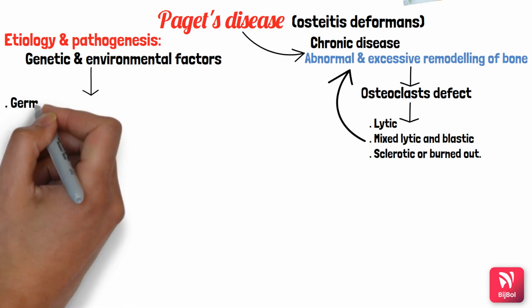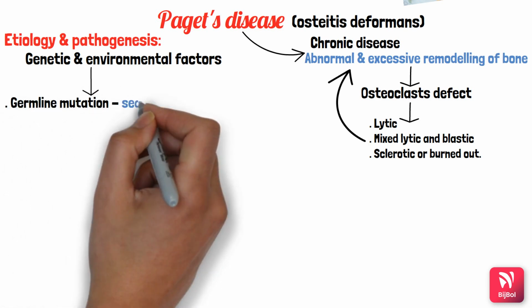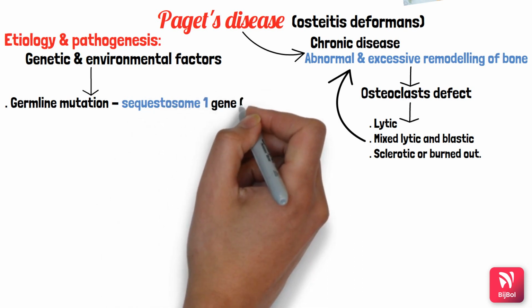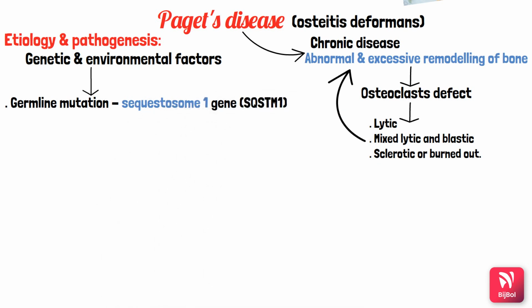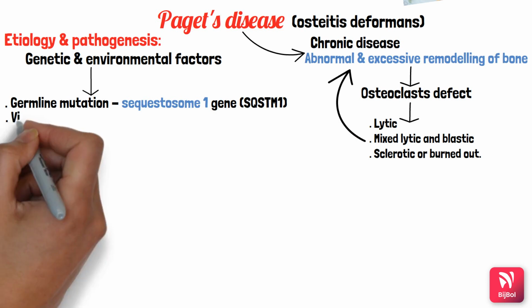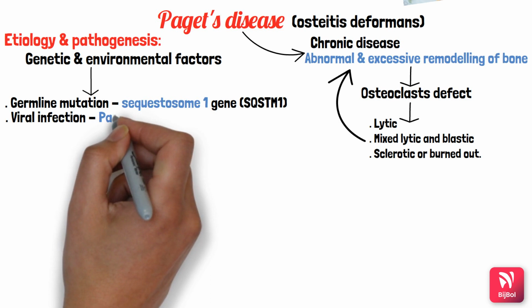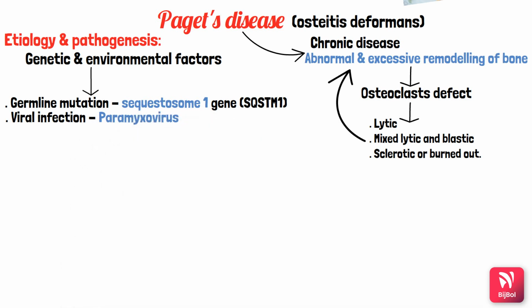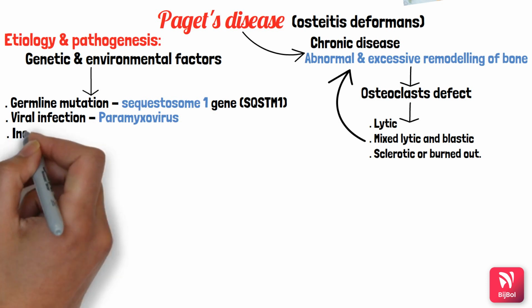Initially, the genetic cause, that is germline mutations in a gene called the sequestosome 1 gene. Next is a viral etiology, that is, a paramyxoviral etiology is said in Paget's disease, wherein osteoclasts are said to have inclusion bodies of paramyxovirus within them.